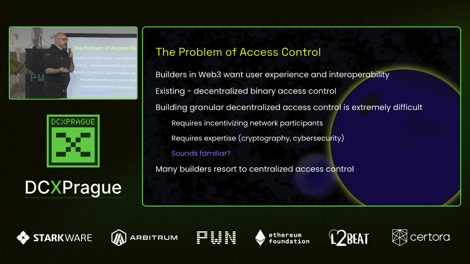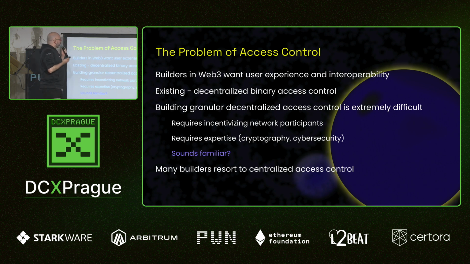So the problem of access control, which is what we defined as the problem that we wanted to solve, is that builders in Web3 want to have a great user experience and they want to have interoperability. And in order to do that, you need to figure out a way around the existing binary access control derived from this private key concept.